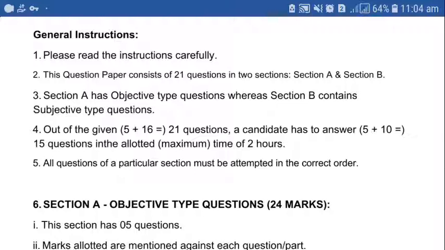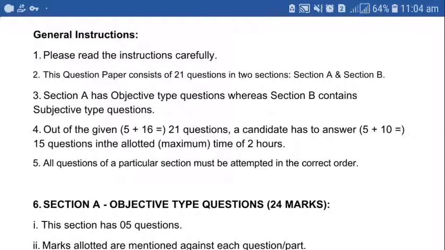Out of 16 questions, you have to solve any 10 questions. It means in total you have to solve 15 questions. So this is a very good option for you. You can complete only 15 questions out of 21.